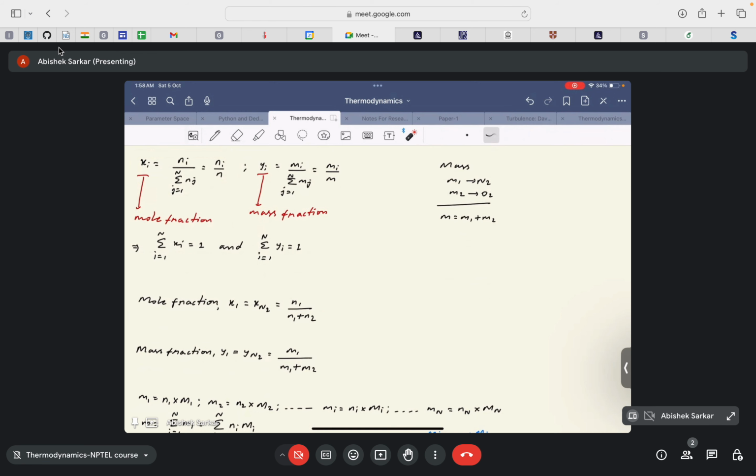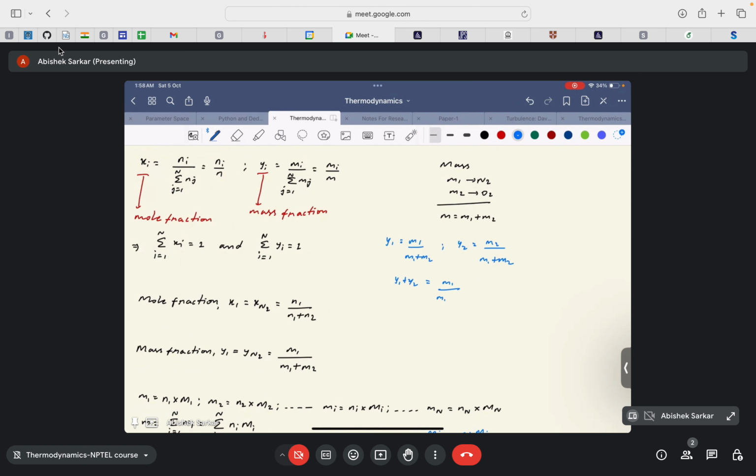You can prove it, say, considering a two component mixture. Very simple, quite trivial. Say y1 is m1 by m1 plus m2, considering a two component mixture, the case that we started with, the mixture of air and nitrogen. If I want to evaluate y1 plus y2, it will basically be m1 divided by m1 plus m2 plus m2 divided by m1 plus m2.